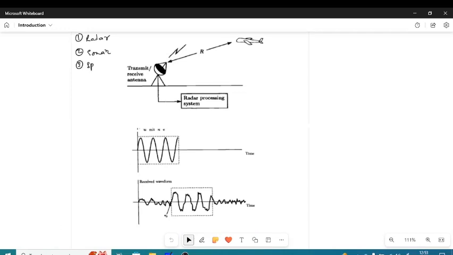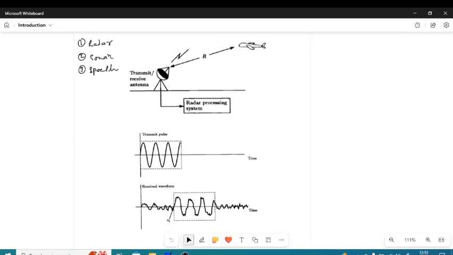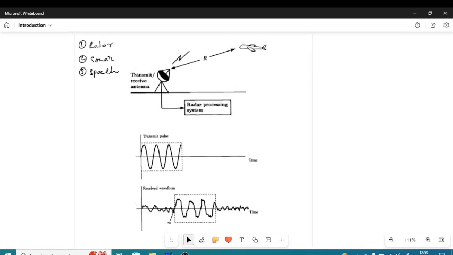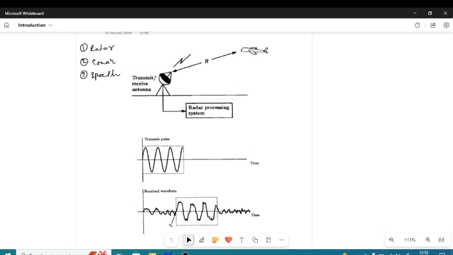speech, image, biomedicine, communications, control, seismology.